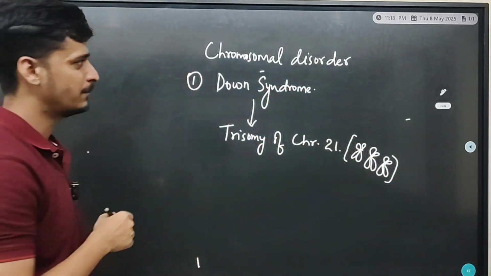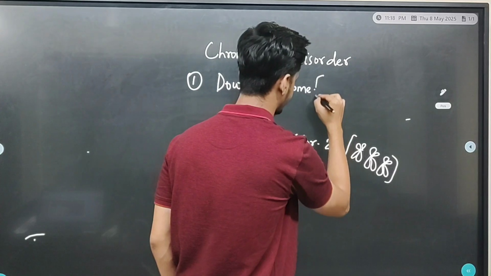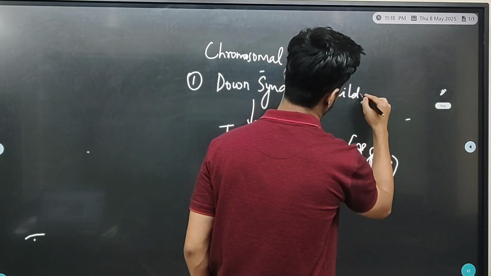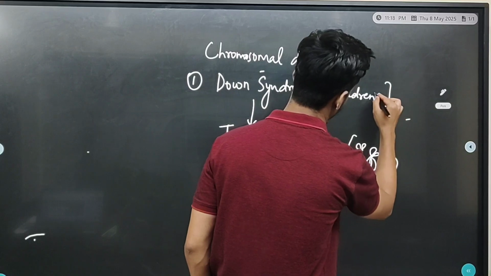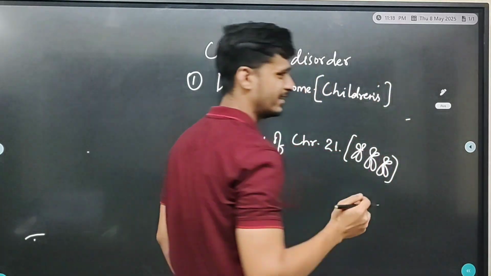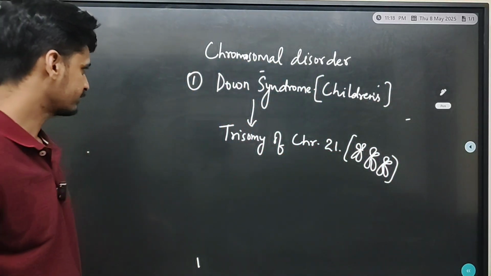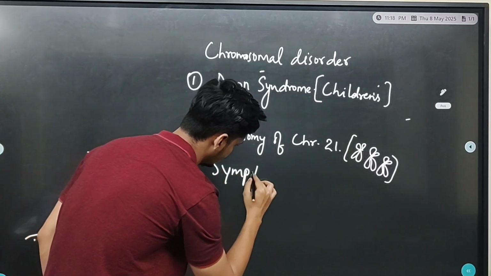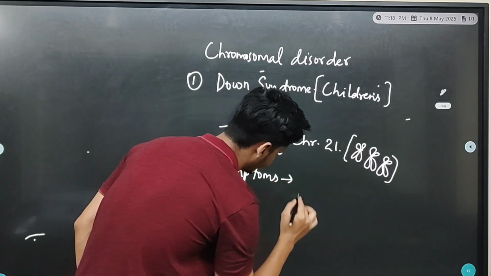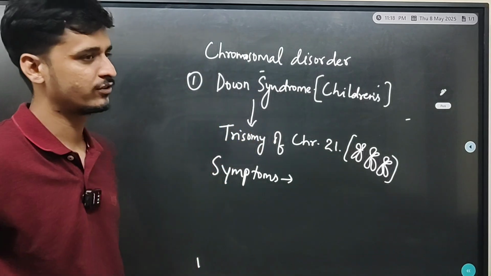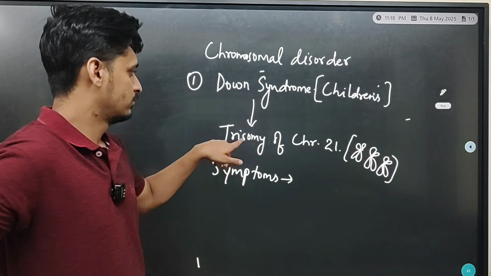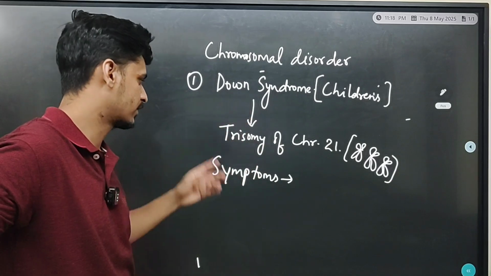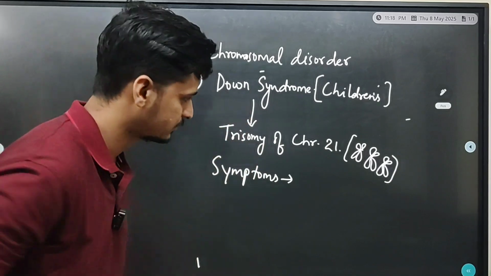This syndrome generally affects children below 10 years of age, and its symptoms are important. From Down syndrome, they will either ask you whether it is trisomy of 21 or 24 or 26, or they will ask you what the symptoms are.